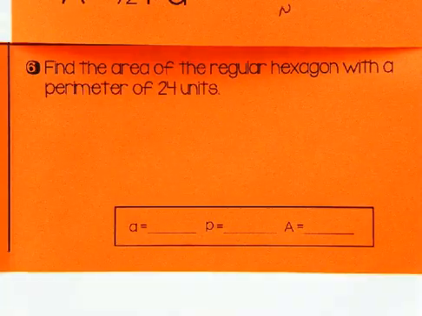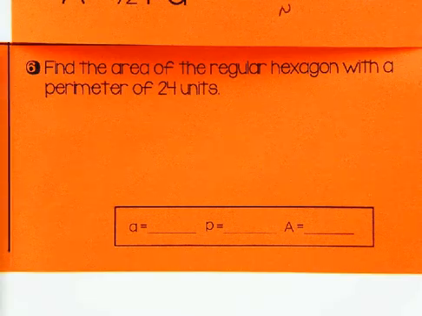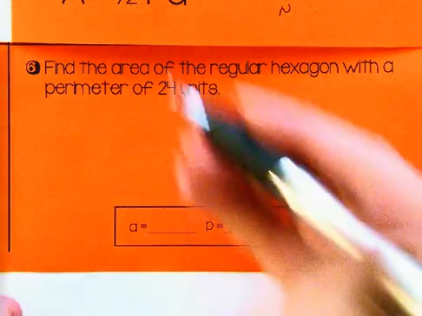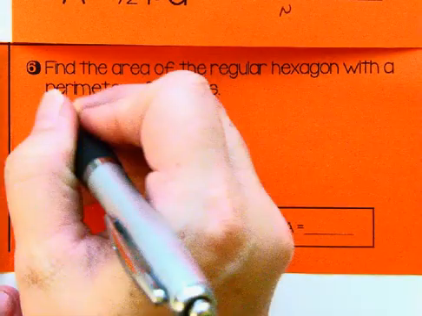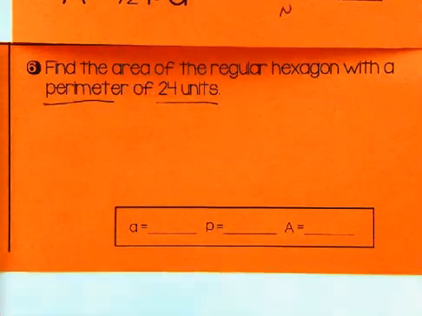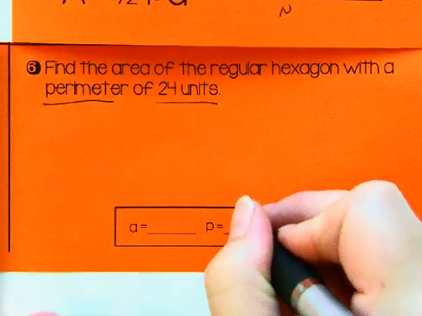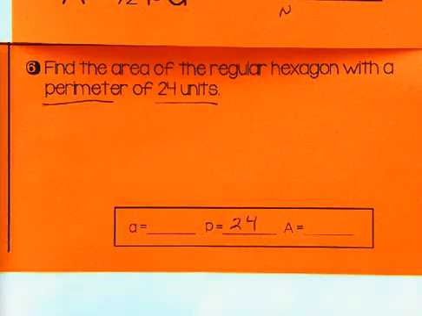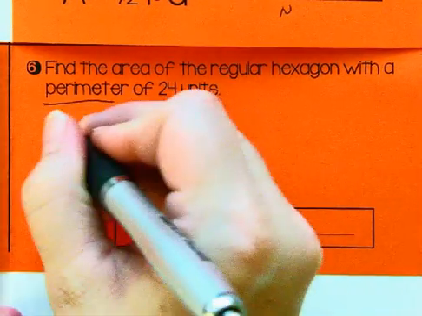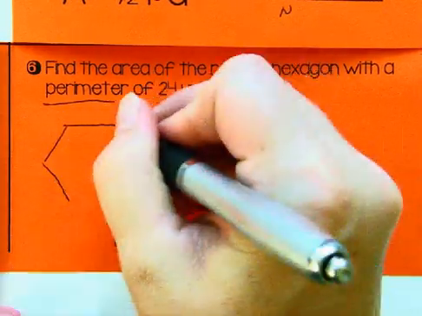So the second example that we have, this time they're giving us the perimeter of 24 units. So we can go ahead and fill that in down here at the bottom. And so we're going to go ahead and draw our shape again. So just kind of sketching a shape, doesn't have to be great.